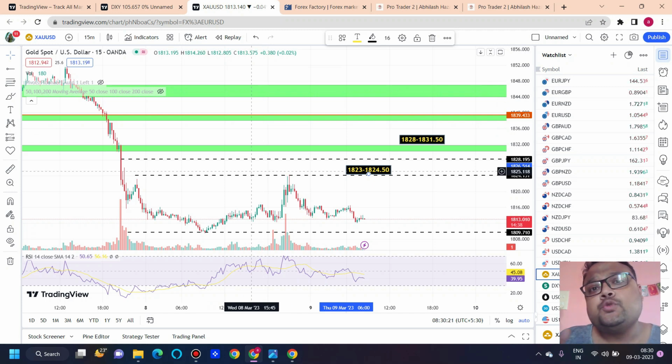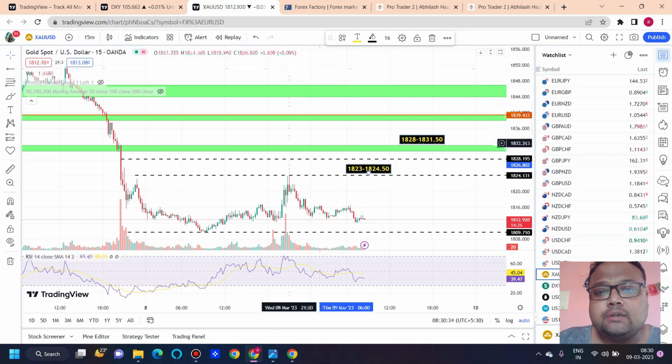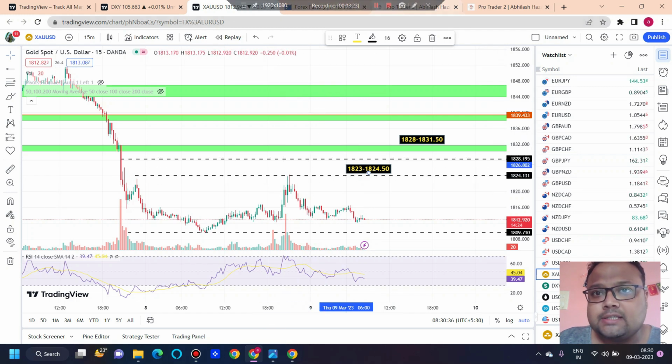Same goes with gold also. As I said, market is waiting for NFP, so there's a high chance that market will remain silent. The resistance for gold right now is 1823 to 1824.50, the high made by the market yesterday.